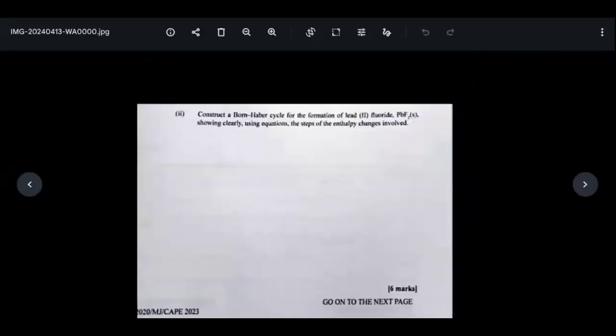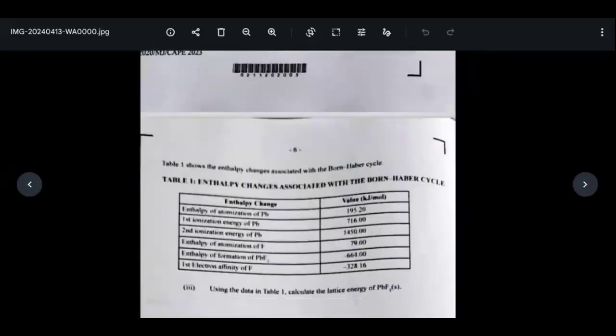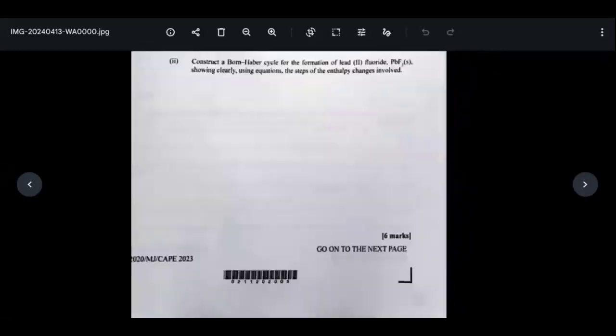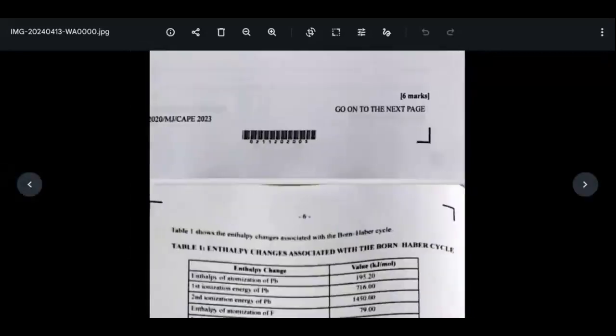So it says construct a Born Haber cycle for the formation of lead(II) fluoride, showing clearly using equations the steps of enthalpy changes involved. So that's 6 marks. Let's scroll down, and then after you construct it, you're constructing lead fluoride, PbF2.